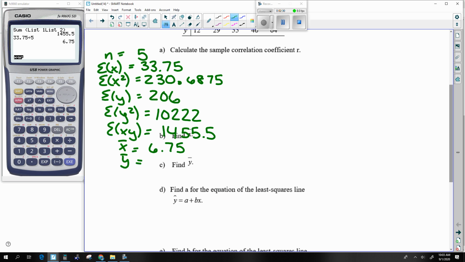And y bar is 206. All right, so I have my Christmas tree.